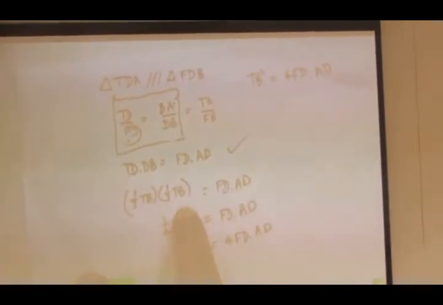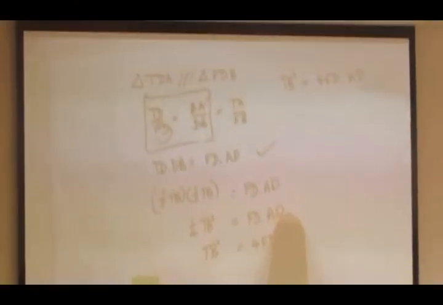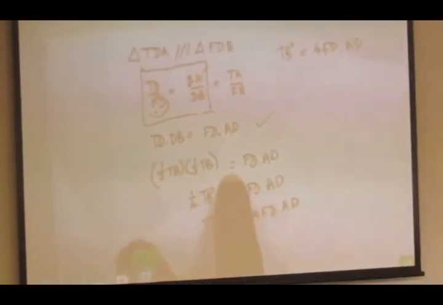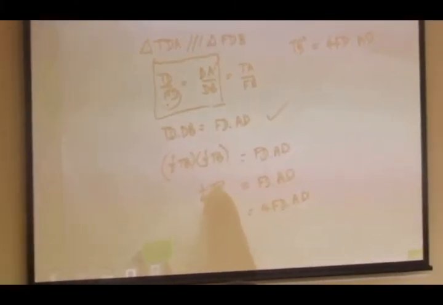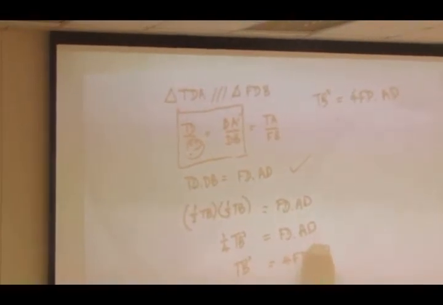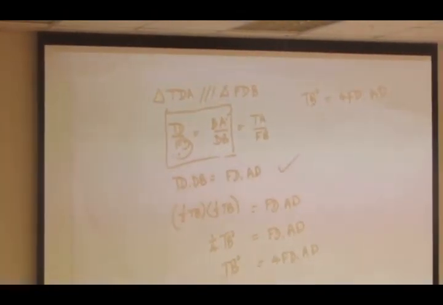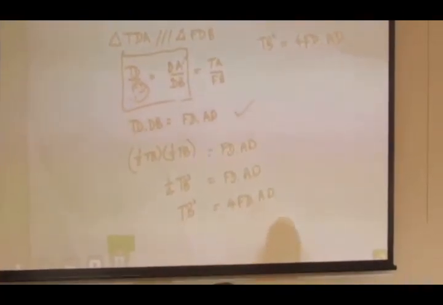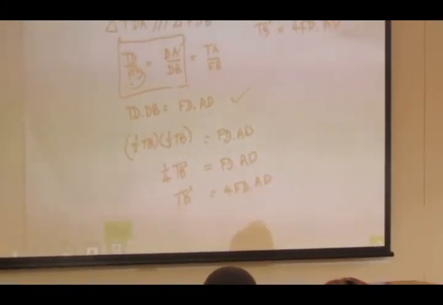Can you see it? So now I've got half TB times half TB is equal to FD times AD. Half TB times half TB is quarter TB squared. Half times half is quarter, TB times TB is TB squared, is equal to FD times AD, and therefore TB squared is 4 times FD times AD, and that's what was required. Isn't that what's required?